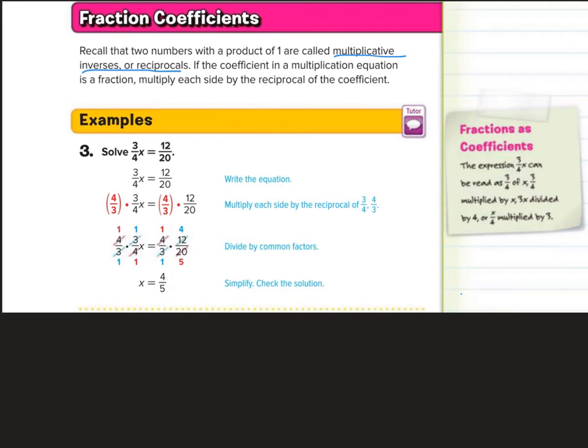So they multiplied by the multiplicative inverse of 3/4, which is 4/3. They multiplied both sides by 4/3 using the multiplication property of equality. When they multiplied 12/20 by 4/3, they got an answer of x equals 4/5.